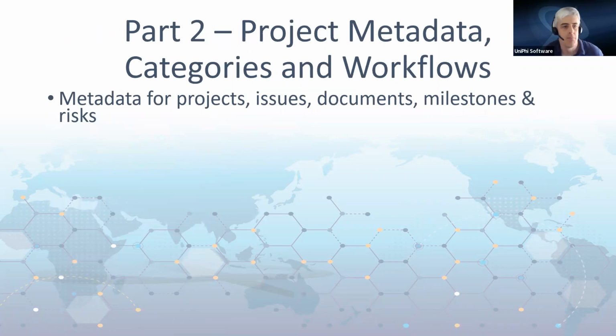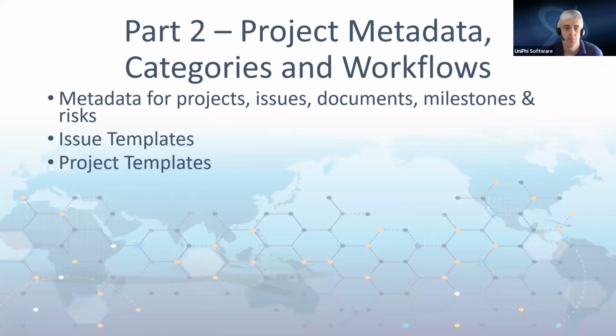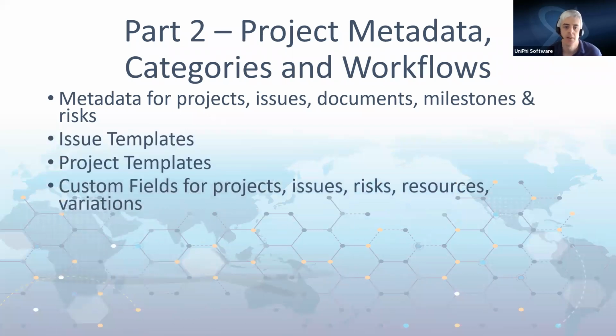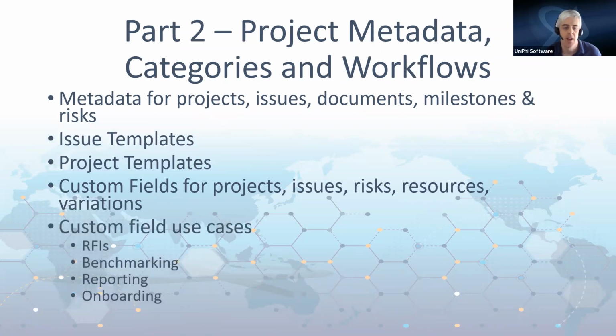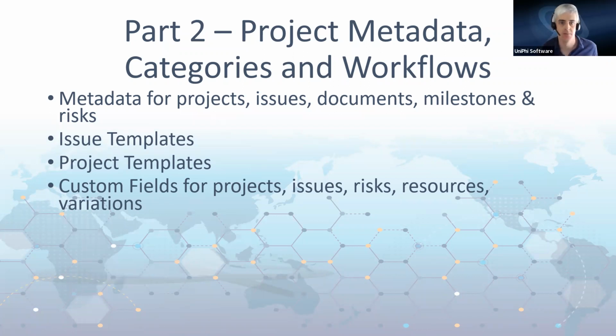We're going to look at what metadata is in Unify for projects, issues, documents, milestones and risks, issue templates, project templates, custom fields, and use cases for custom fields. So there's quite a bit to get through on that front. And if there's any particular use cases you're looking at, then we'll discuss those along the way.